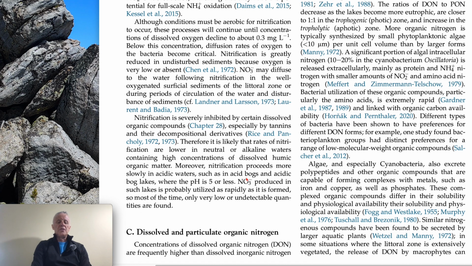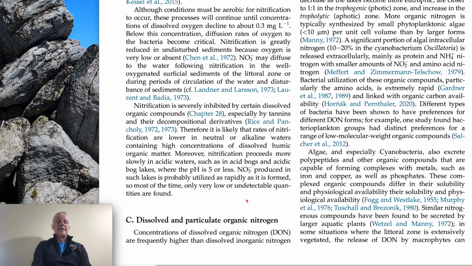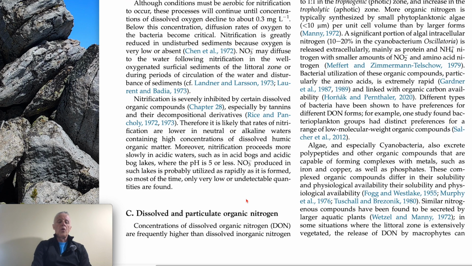Moreover, nitrification proceeds more slowly in acidic waters such as in acid bogs and acidic bog lakes, where the pH is 5 or less. Nitrate produced in such lakes is probably utilized as rapidly as it is formed, so most of the time only very low or undetectable quantities are found.